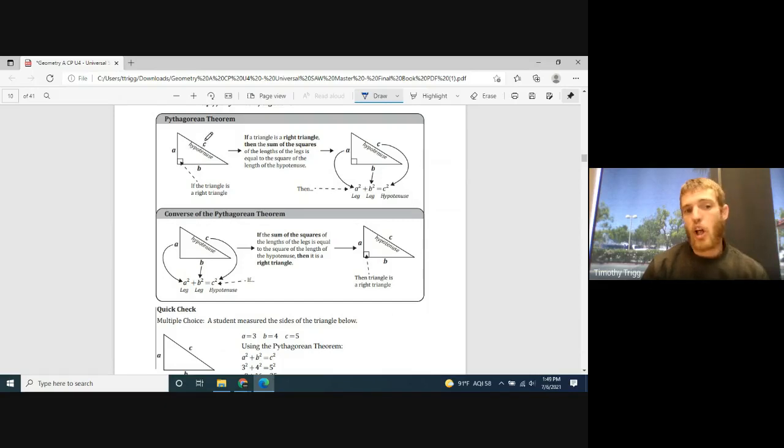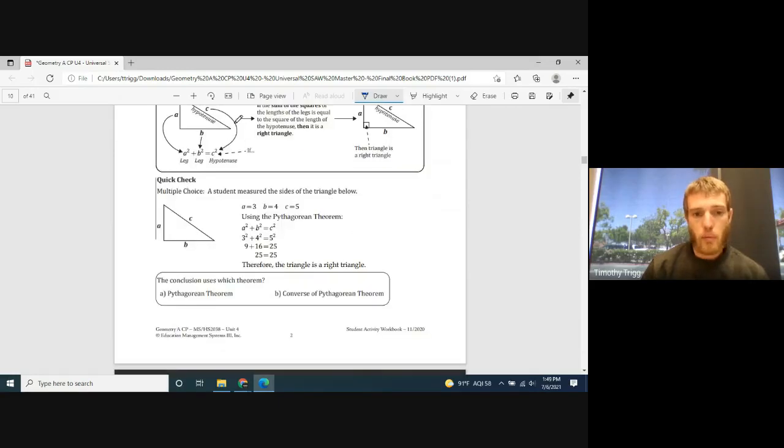In a right triangle, the longest side is called the hypotenuse, and it's always opposite from the right angle. So the right angle, you can think of, kind of points to the hypotenuse. Again, to reiterate, the two smaller sides on a right triangle are called the legs, and the longest side is called the hypotenuse.